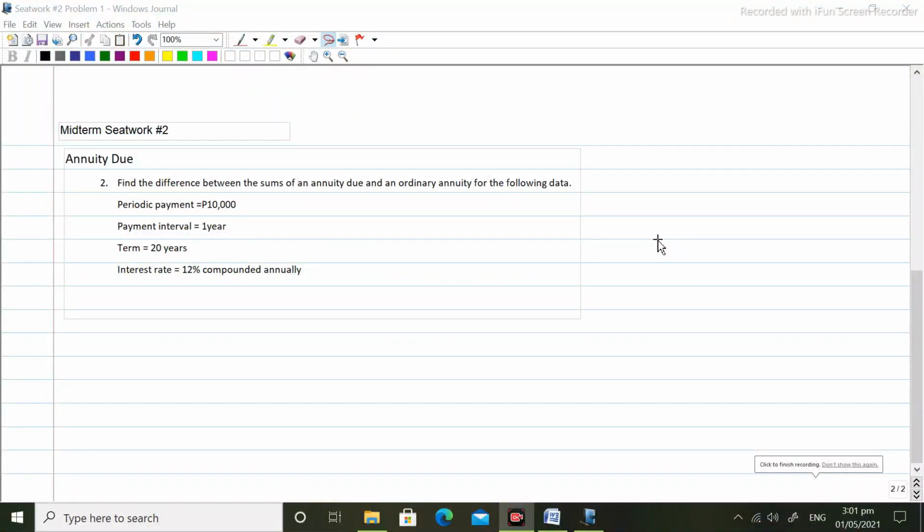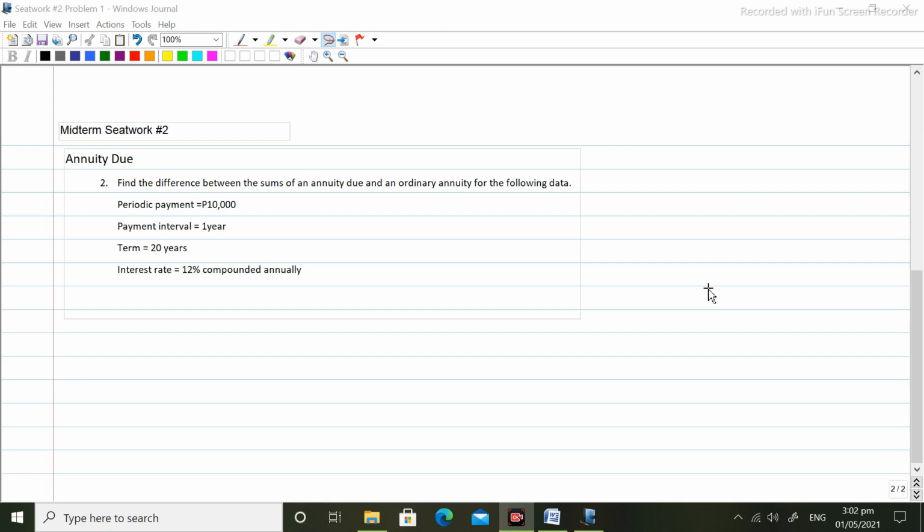Hello guys, Seatwork number 2. The same topic, annuity due. Okay, find the difference between the sum of an annuity due and an ordinary annuity for the following data. So, same as problem number 1, only the situation and values changed. Okay?